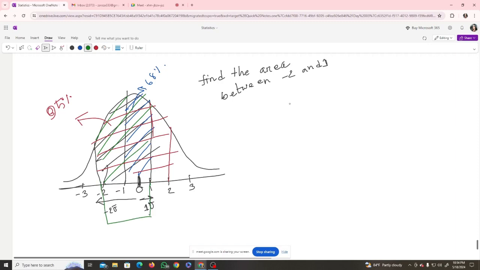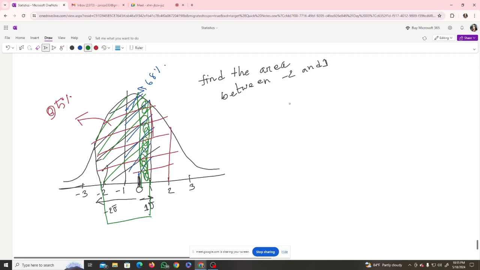What we can do, firstly, this is the population mean, we can divide the 68 percentage. So we get this portion. If we divide the 68 percentage by 2, we will have this portion, right?